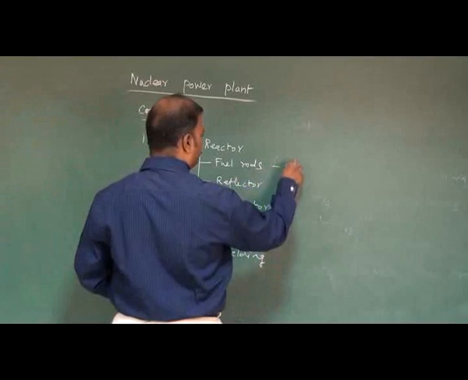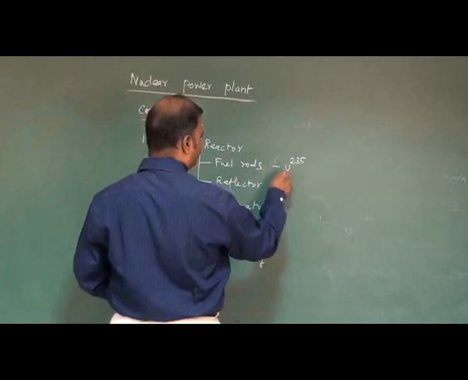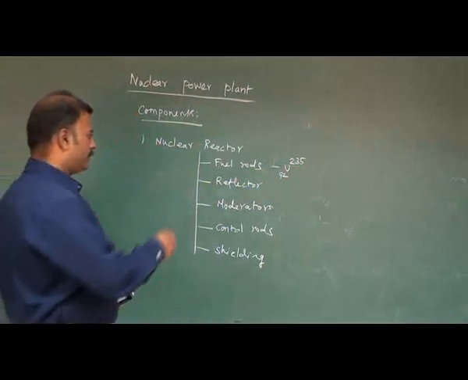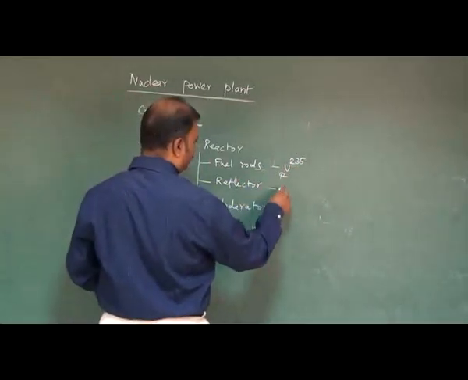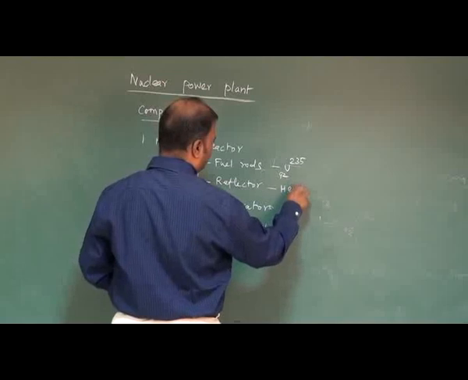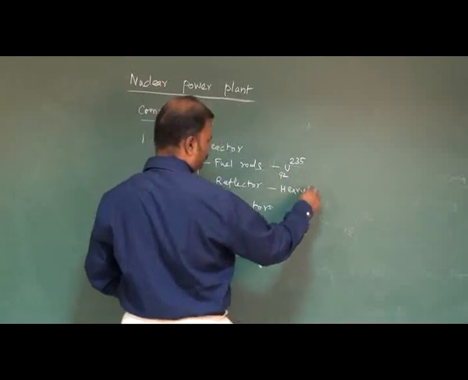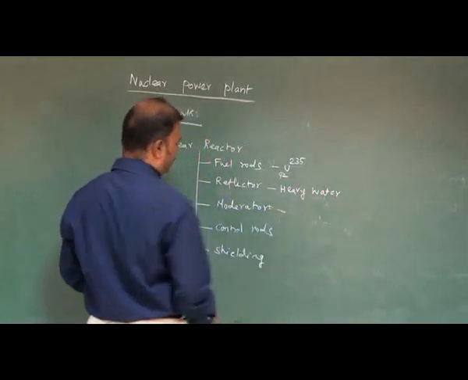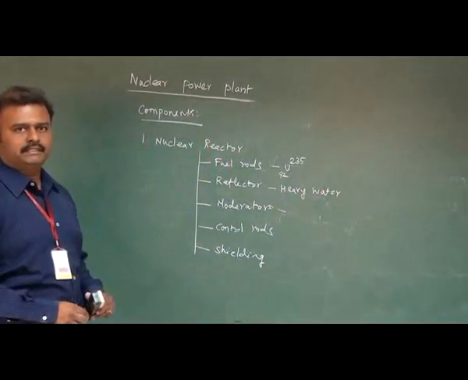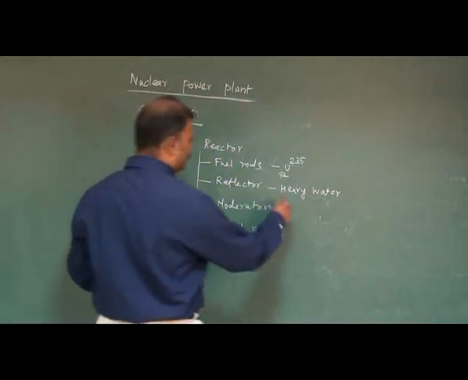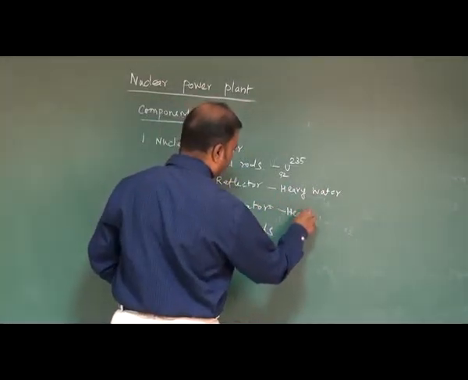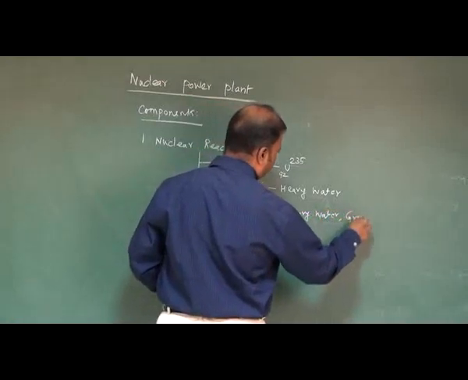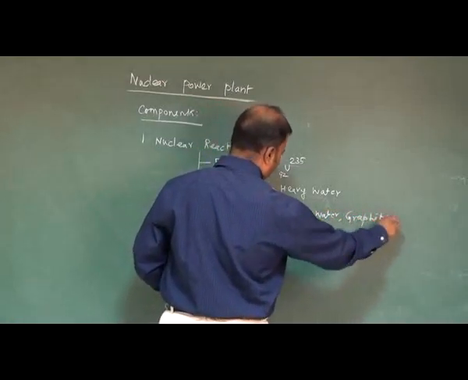Uranium 235 is normally used as a fuel. It is formed like pellets and stored in the fuel rod. The reflector is normally heavy water. The moderator is used to slow down the neutrons coming from the nuclear reaction; normally heavy water or graphite is used.